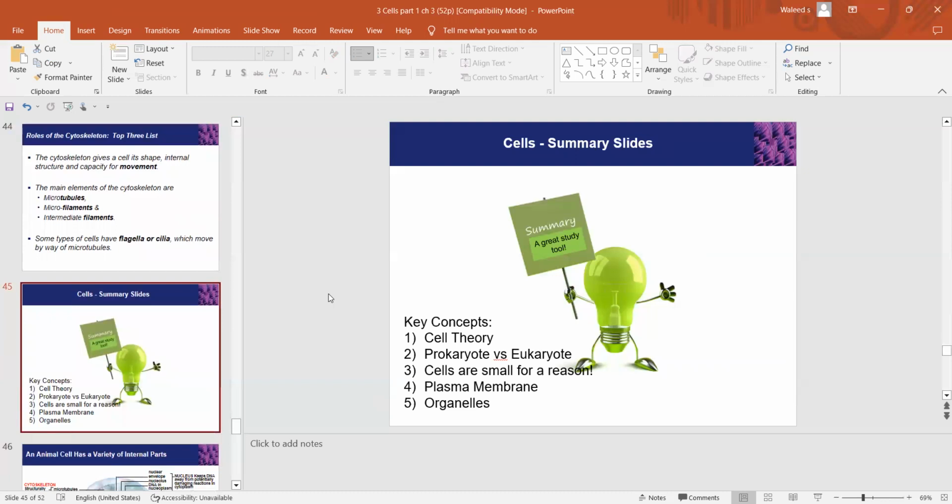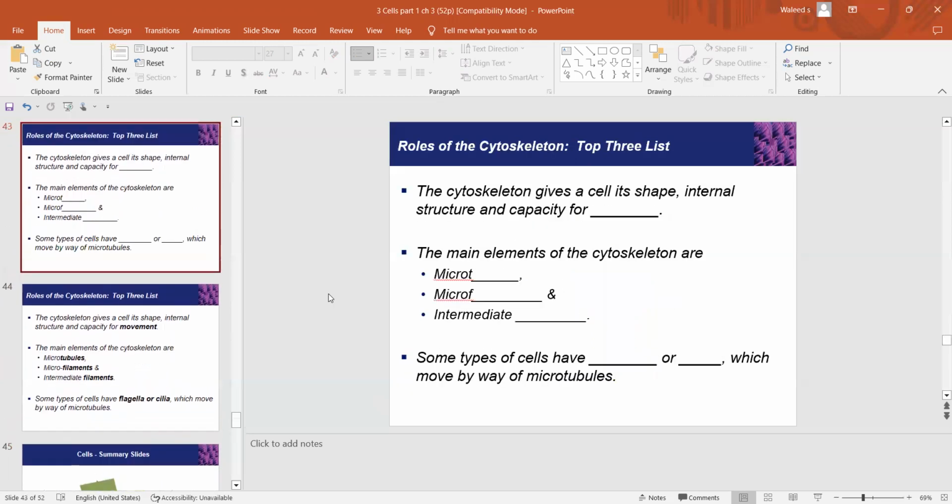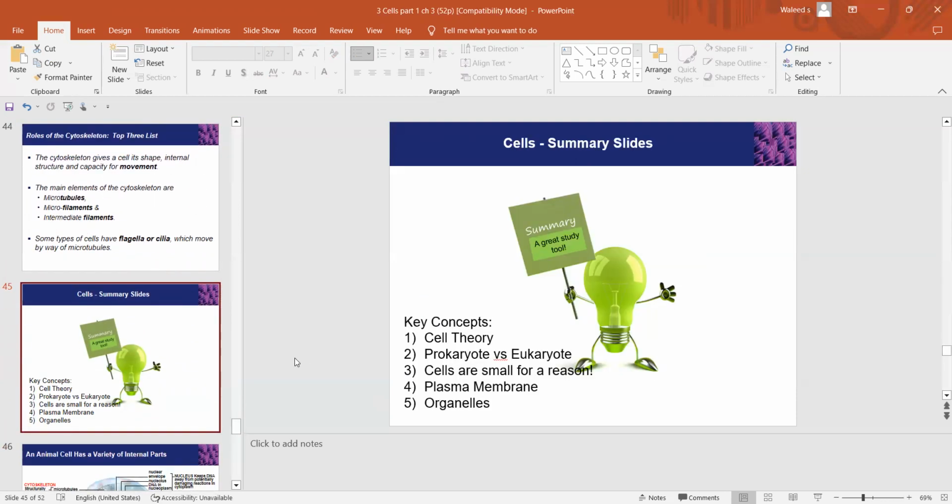Okay, here is the summary. I'm not going to repeat all of this. It is what we covered from slide 1. After you study the chapter, watch the video and read from the slides, you should be able to answer these. You should know the summary. The summary will give you the vast majority of the questions.